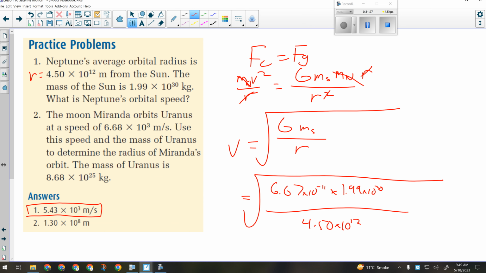So Neptune is moving in its orbit at 5.4 kilometers per second. Is that pretty fast? Earth's faster, because Earth is closer to the sun. The closer you are, the faster you have to go, or you'll fall in, and we definitely don't want that. The sun is kind of a big fire. All right, everyone okay with number 2?